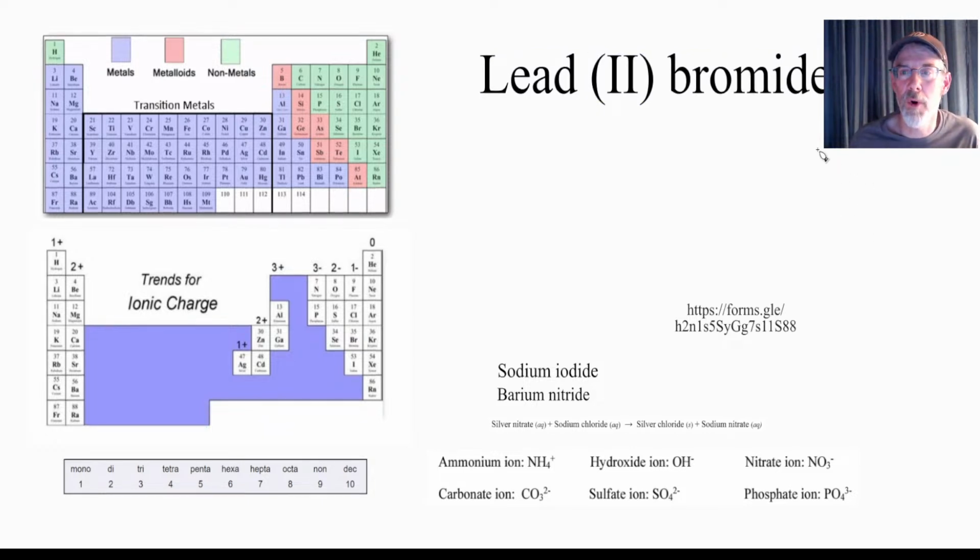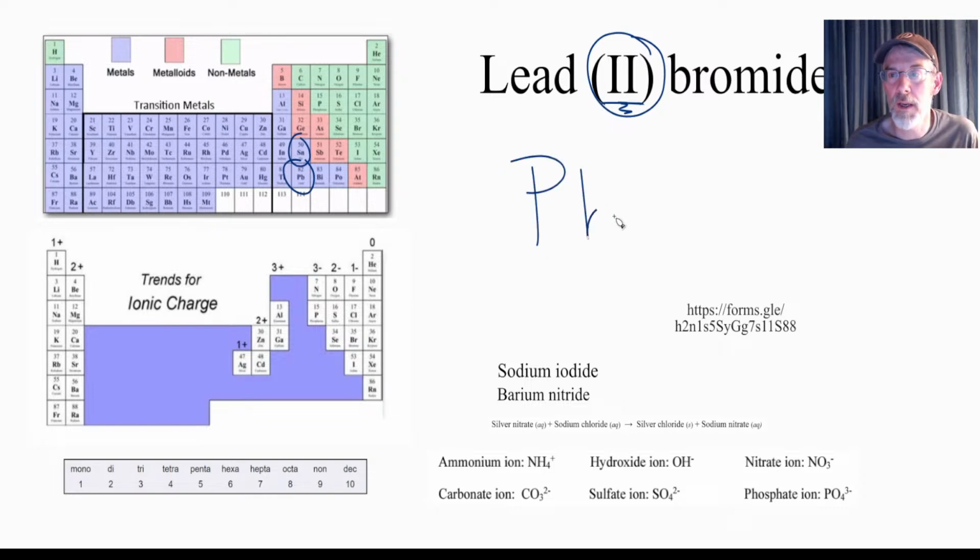All right, lead 2 bromide. This is a big key. If you see this, you're thinking transition metal. And usually we think of these as the transition metals. Lead and tin are called post-transition metals, so they act like the transition metals there. That's why we need the 2. So Pb 2 plus, bromine, right here in group 17.